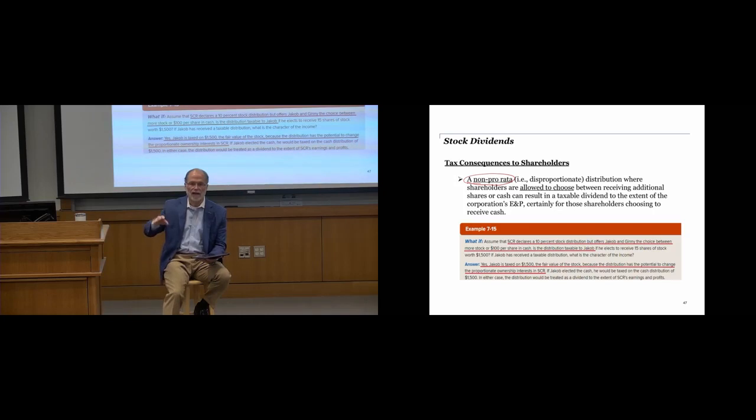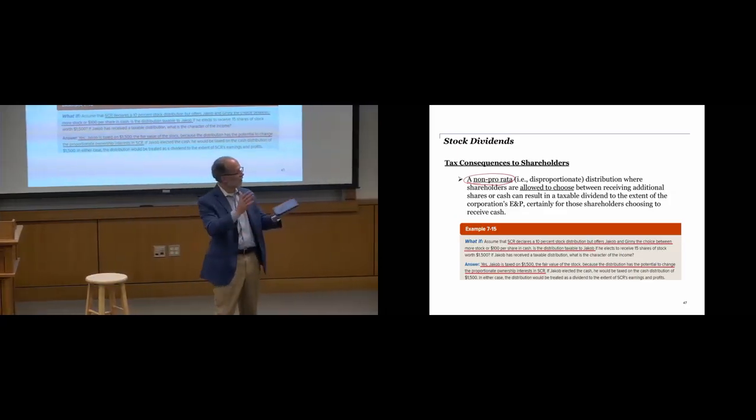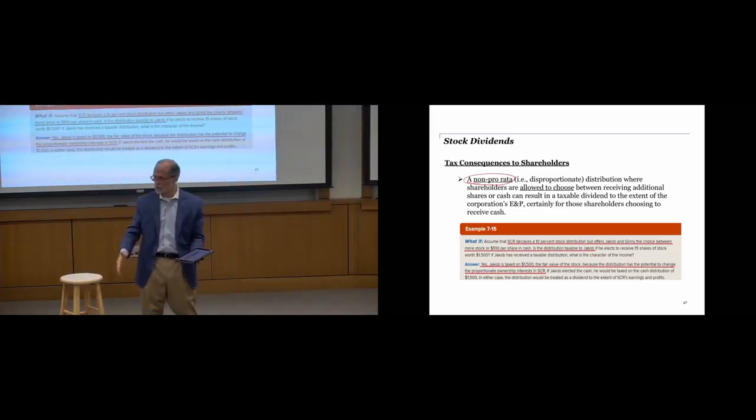That will become a taxable dividend. The reason is that everything we just talked about for the last 10 minutes no longer stands, because now amongst shareholders the value has been made disproportionate. Those that don't accept cash now have more shares, which means more ownership percentage in the corporation.